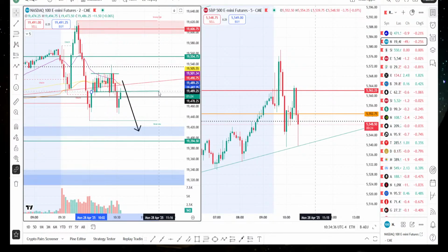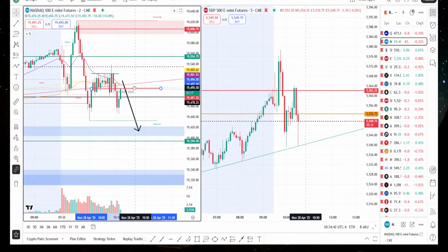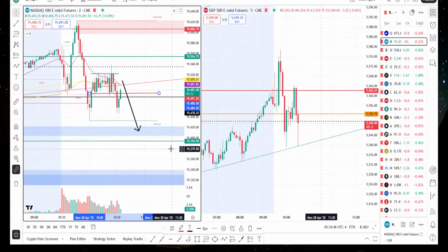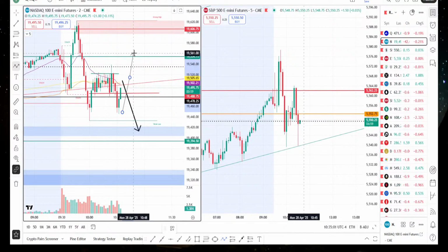So this needs to now work as a resistance for us. Okay, we're hoping for price to come down here. So if we break back up into this consolidation area, we could see a pullback, or we could see just continuation to the upside.